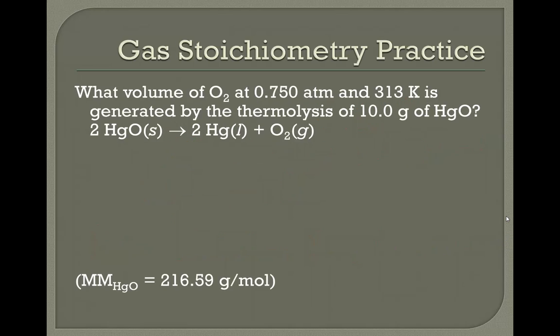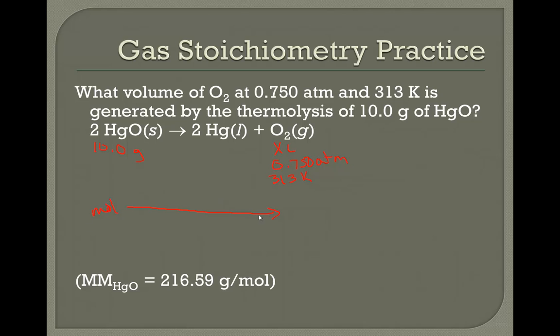What volume of oxygen, so X liters, at 0.750 atmospheres and 313 Kelvin is generated by 10 grams of mercury 2 oxide. So we're going from one compound to another. Moles are the end caps.